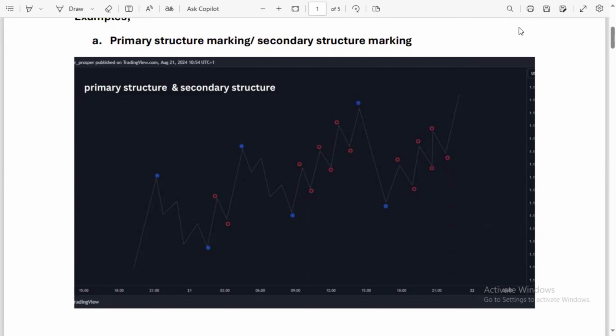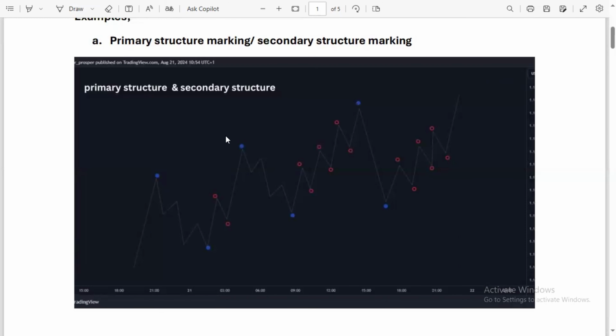Primary structure is normally marked on your higher time frame, from your 1 hour upward, which is 1 hour, 2 hours, 3 hours, and 4 hours, and the rest, whatever type of trader you are, either a scalp trader, sorry, intraday trader or swing trader, right?